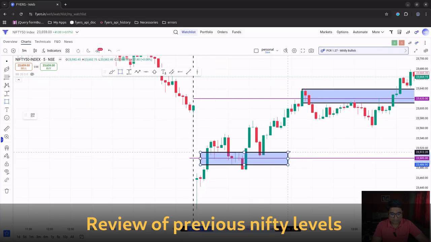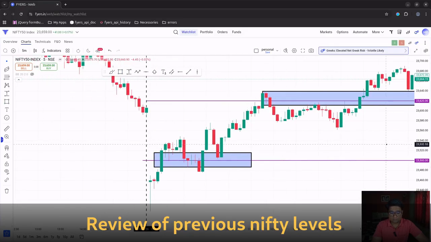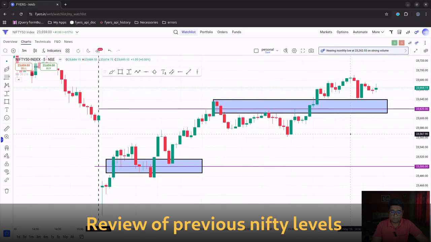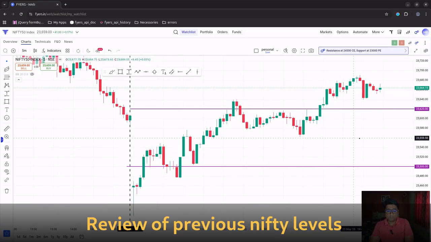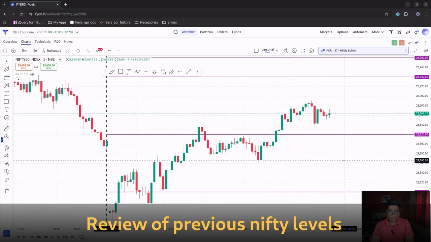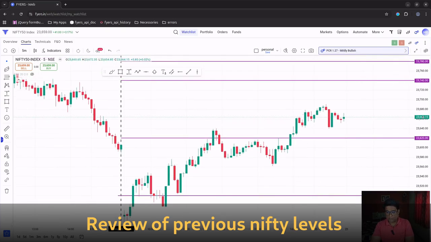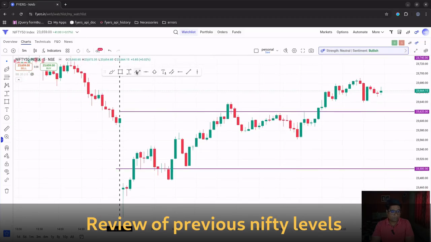Here also you can see a resistance zone or support zone, and then with a decisive candle, if the market has the momentum for that particular sentiment, it will break above or break below the key level. That's what had happened, and the market closed at 23,664.15. So which key levels panned out and were valid today?